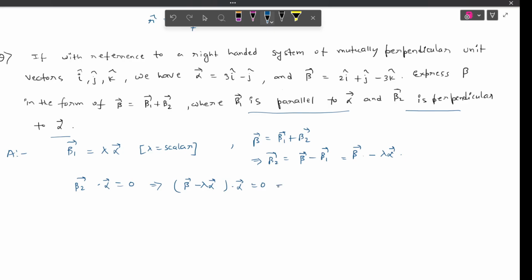Now if we multiply, beta dot alpha minus lambda will come outside, it will be alpha dot alpha, that should be 0. So this implies lambda is beta dot alpha vector by alpha dot alpha.